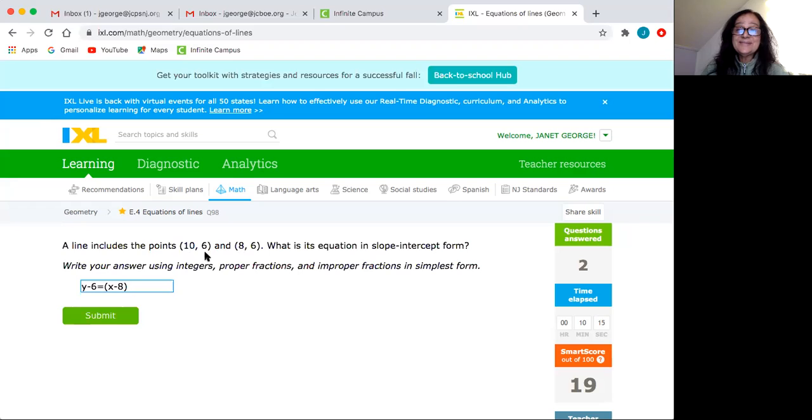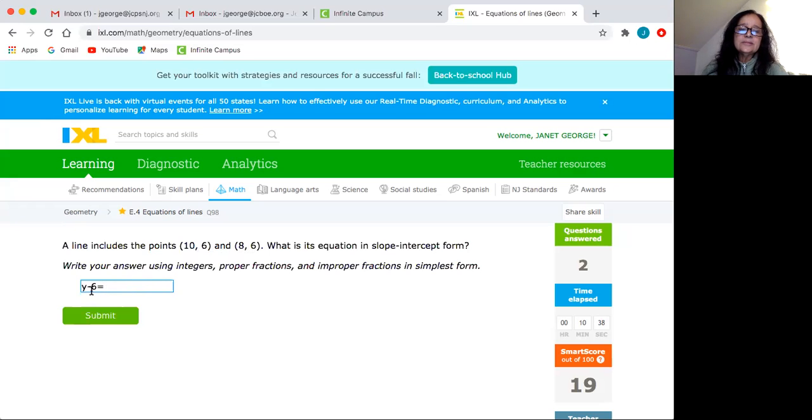Each point has x and y, right? So y minus y over x minus x, okay? So 6 minus 6 is 0. 0 over whatever number is just 0, right? So 0 multiplied by whatever number is 0. So in here, you get just a 0.